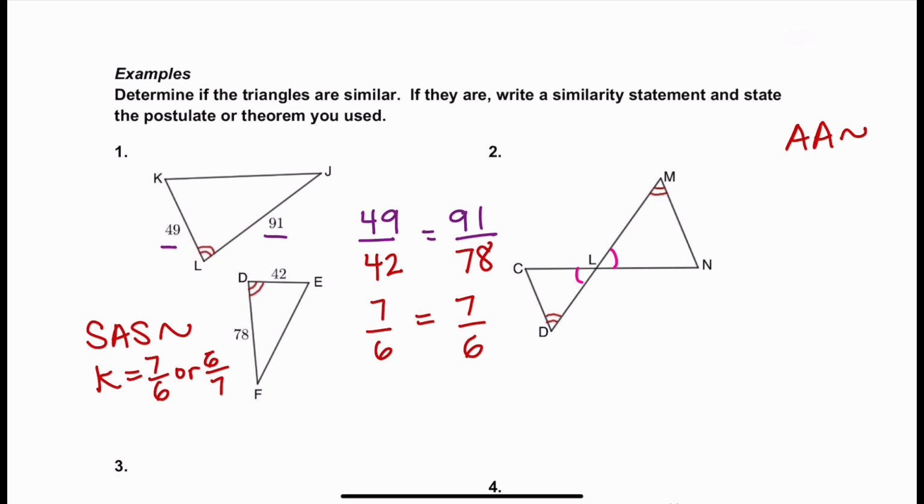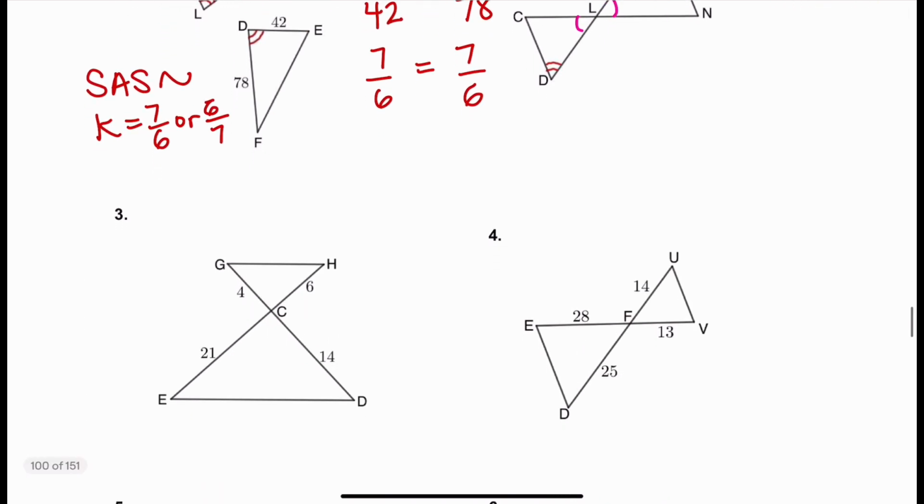And if two angles of the triangle are the same, the third one automatically has to be because of the third angles theorem. If all three angles add up to 180, and you know two of them, automatically the third one is the same. So you only need to know that two of the angles are the same to tell that all three are the same. So this would just be angle-angle similarity here.